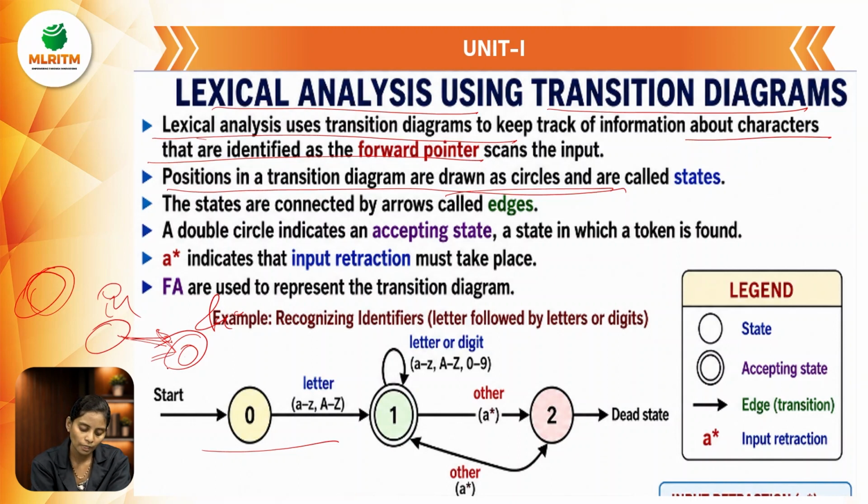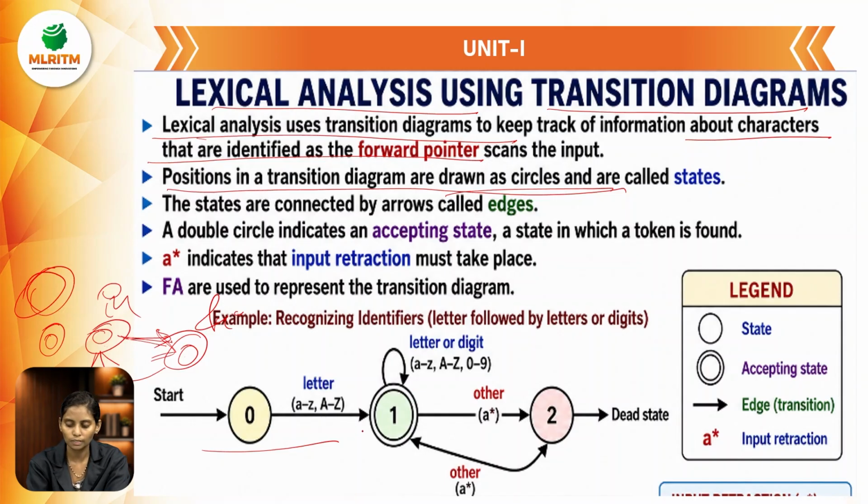So if I draw it like this, this is also accepting the inputs, so this is also treated as an accepting state. The accepting state is always represented as two circles, since it has multiple data inputs.